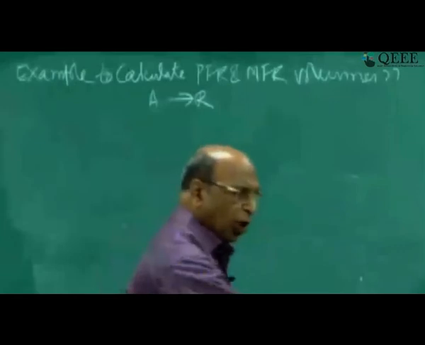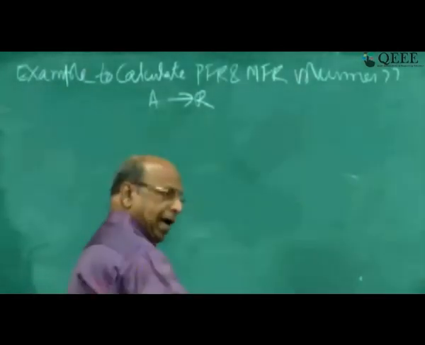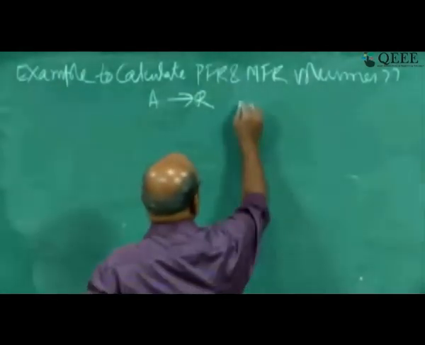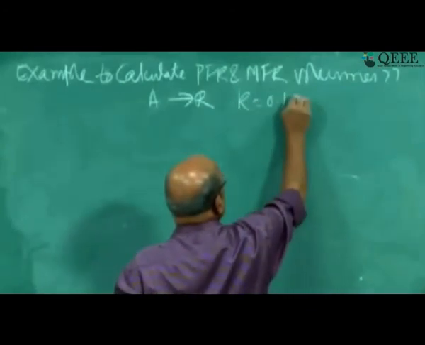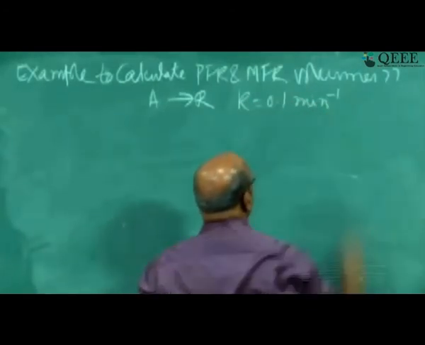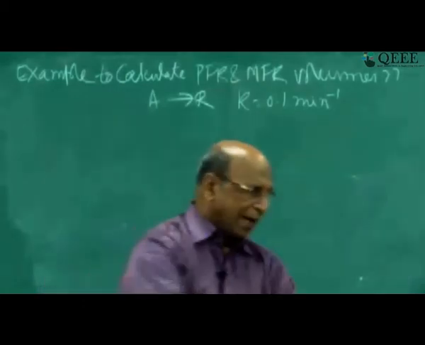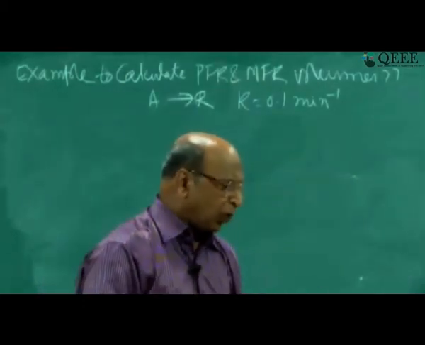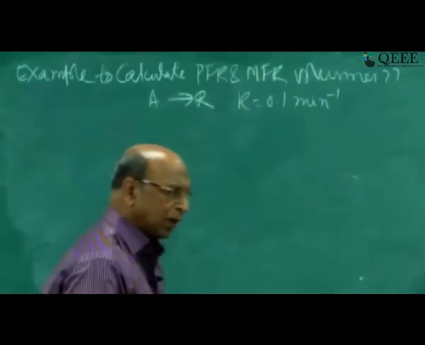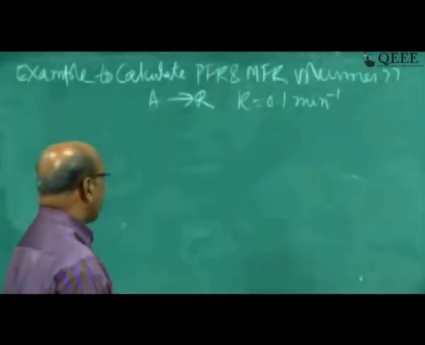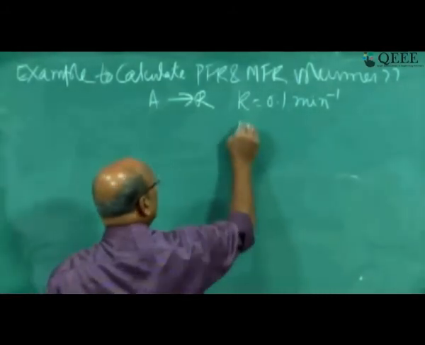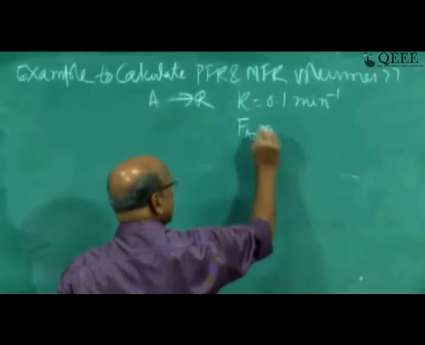Okay. So the rate constant is K, which is 0.1 minutes inverse. Let me write the data. The flow rate of pure reactant stream is 10 moles per minute. That means it is the molar flow rate, which we are indicating as FA0.